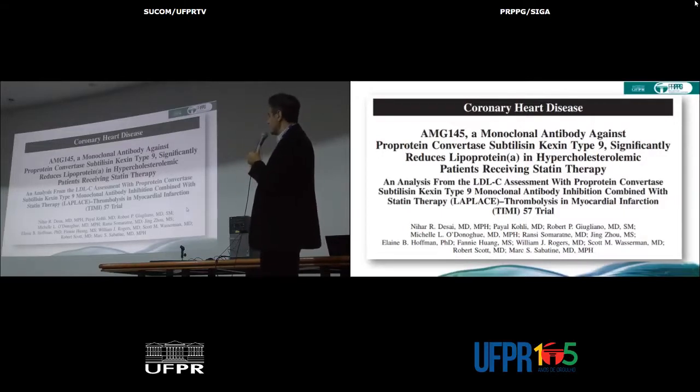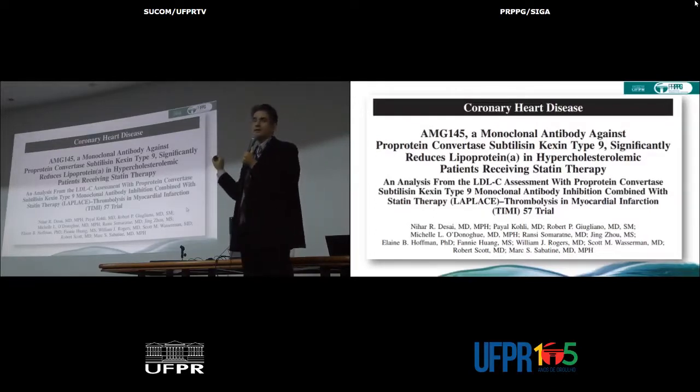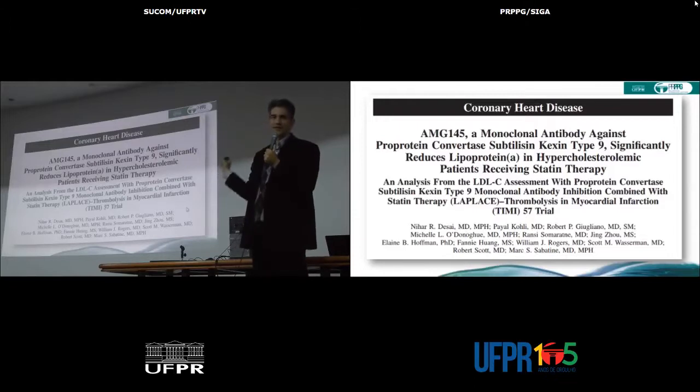An analysis from LDL-C assessment with pro-protein convertase subtilisin kexin 9 monoclonal antibody inhibition combined with statin therapy, blah, blah, blah, blah. This is a real title. It's an exaggeration. I'm giving you something that's really over the top. But what do you think about a title like this? You get tired just looking at it, right?